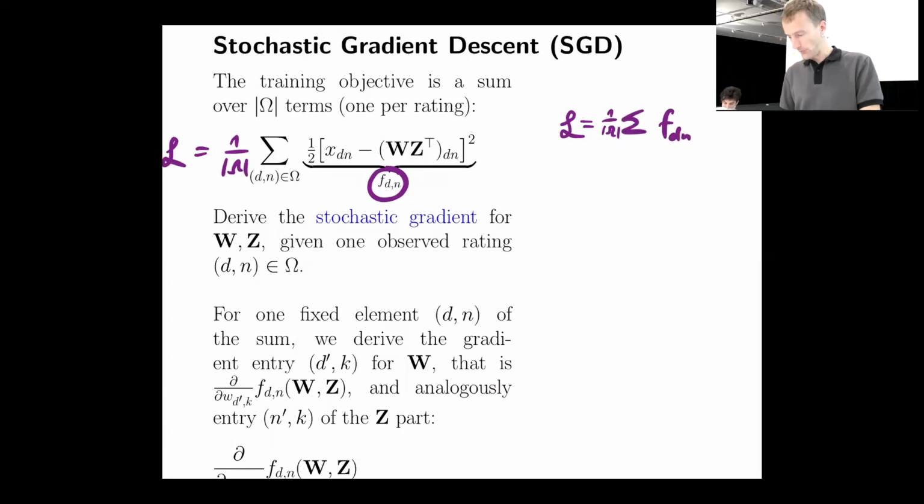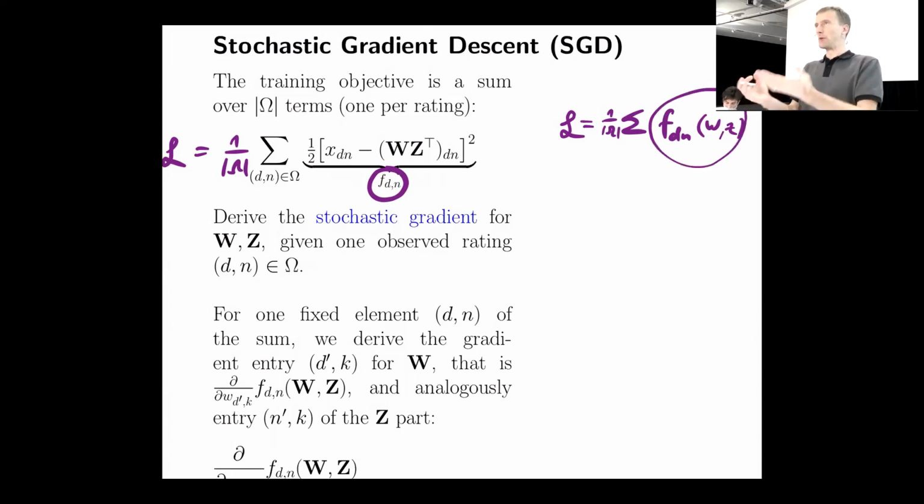Each of these functions depends on both matrices. It's interesting: what this says is it only asks, if this one user gave 3 stars to that one movie, how well is this fit? But it depends on the user matrix and the movie matrix, summed up over the pairs in the set. Nothing special here.